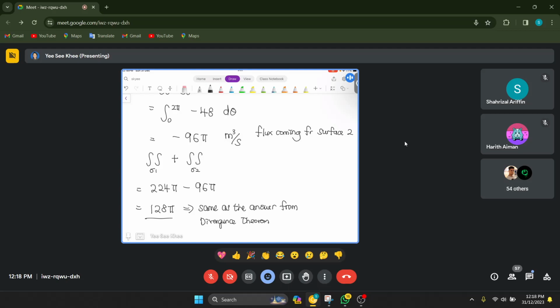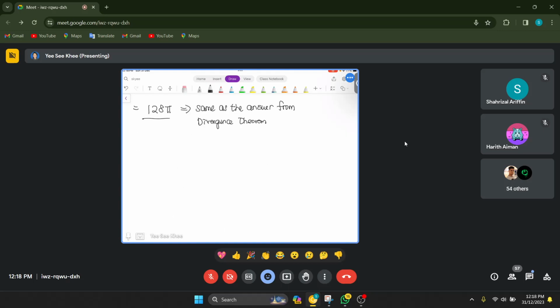All right, we still have some time. We move on to the last section of this chapter, which is Stokes theorem, page 182.